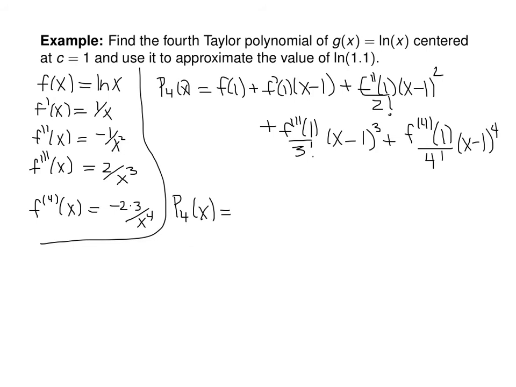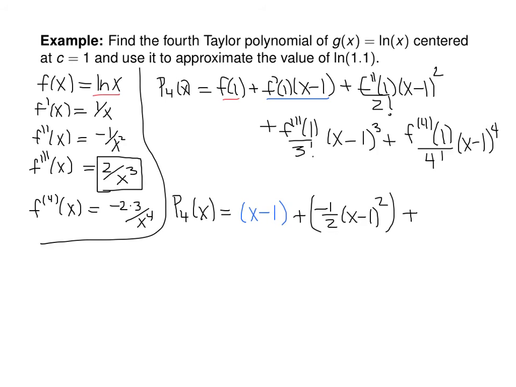So first of all, f of 1, ln of 1 is 0. Next, f prime of 1 will be 1. So our next term will be x minus 1 plus, now the second derivative at 1 is negative 1, so we'll have plus negative 1/2 times x minus 1 squared plus, now the third derivative at 1, plugging into this, we'll have 2 divided by 3 factorial, which will actually just give us 1/3 times x minus 1 cubed.